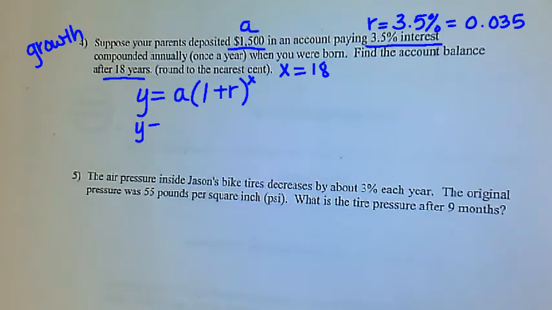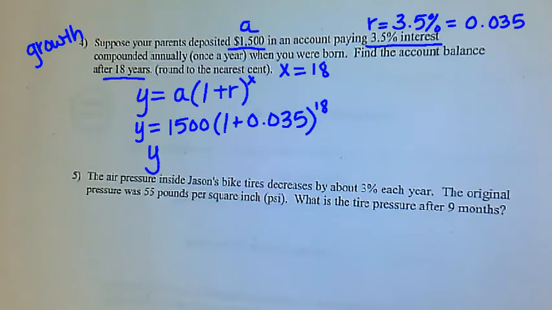So Y is equal to 1,500 times 1 plus 0.05 raised to the 18th power. Okay, so throw that all in your calculator, and you will get $2,786.23.